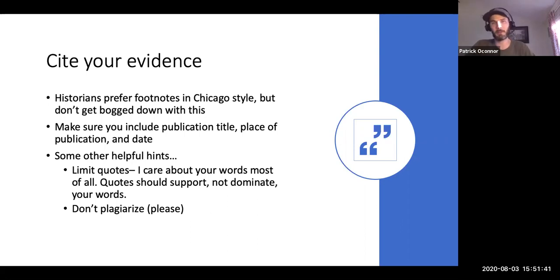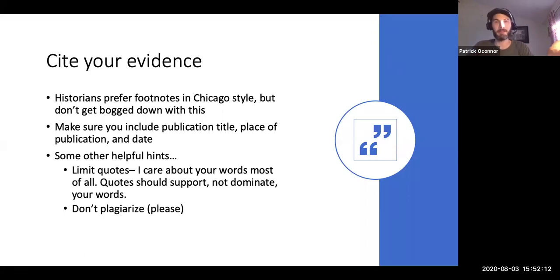If you are comfortable in another style from another discipline, your major for example, and you want to use that, that's probably just fine with me, but you have to include the publication title, the place of publication, and the date, right? Because a footnote or a citation isn't just a formality. It's a way to show where your knowledge comes from. And in history, it's a way to show what the context of the knowledge you're using is.